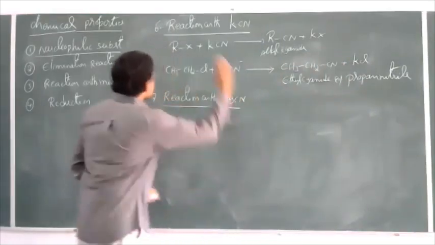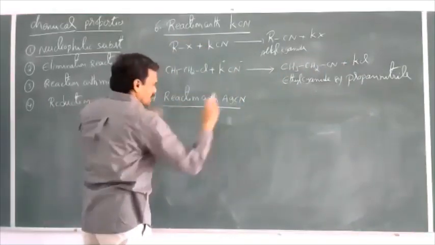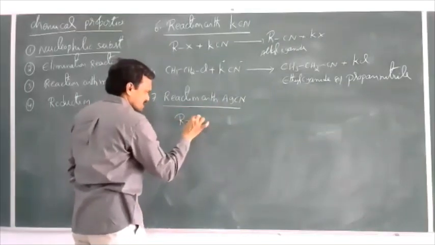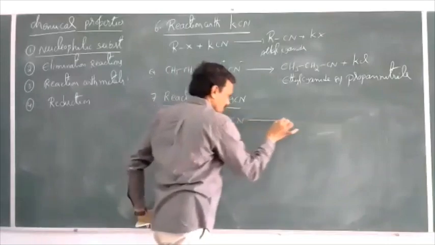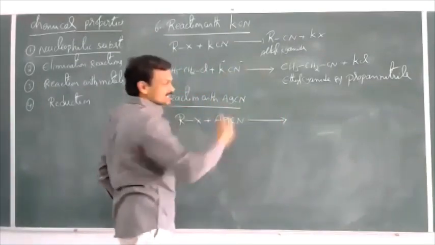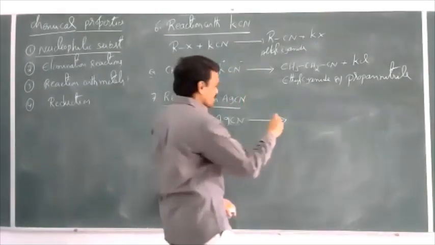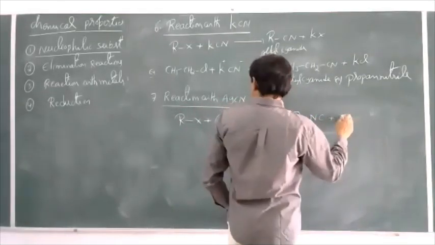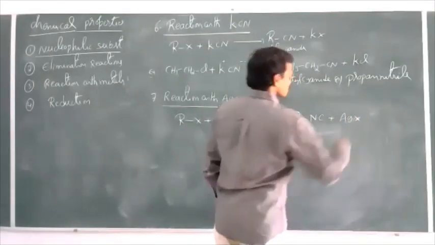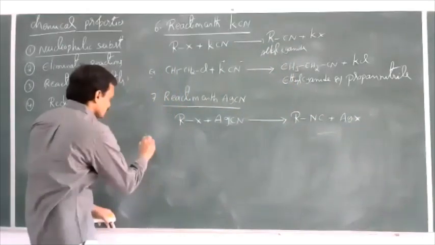Now, if the same haloalkane is allowed to react with AgCN, RX plus AgCN, then we will not get alkyl cyanide. We get alkyl isocyanide. RNC will be formed as the product plus AgX. Let us see an example here.